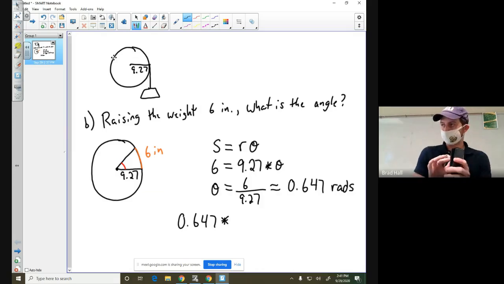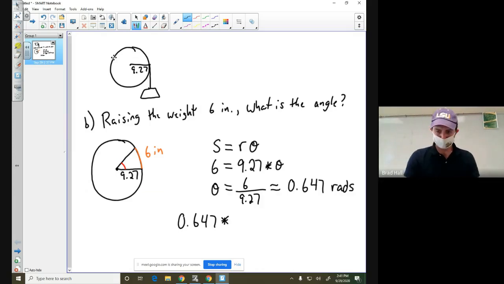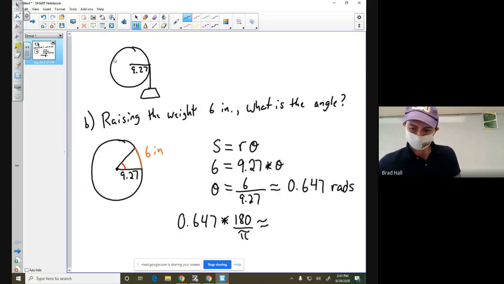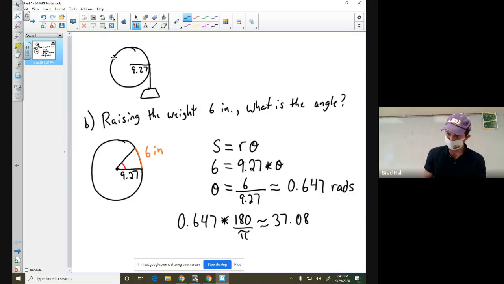really, I'm going to take the full value in my calculator. I'm just writing the 0.647, make sure we're all in the same boat, but I'm going to take that whole value. So how do you convert from radians to degrees? You multiply by 180 divided by pi. And then you should get something along the lines of 37.08.